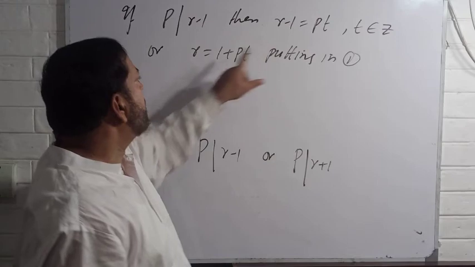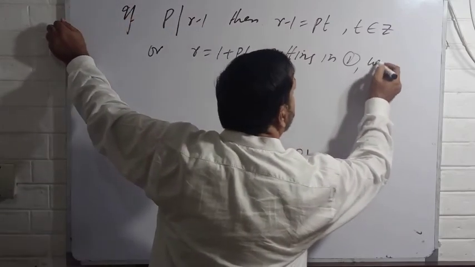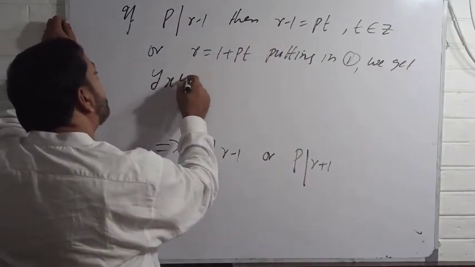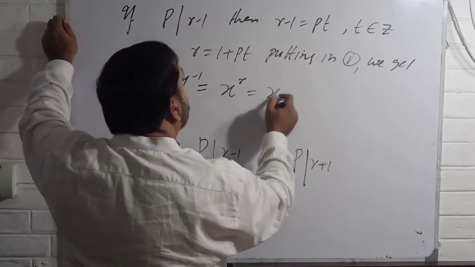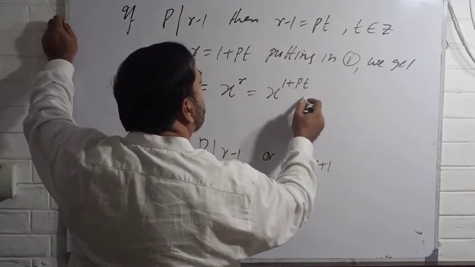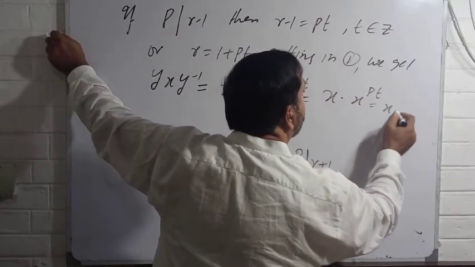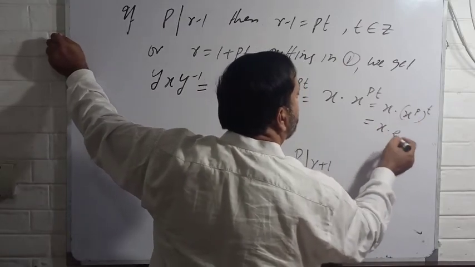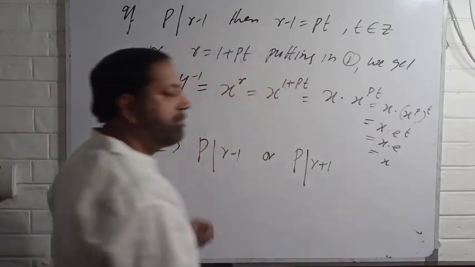And you have established r is equal to 1 plus pt. So we get yxy inverse is equal to x power r, which would be equal to x power 1 plus pt, which is equal to x into x power pt, which is equal to x into x power p power t, which would be equal to x into e power t, which is equal to x into e, which is x.